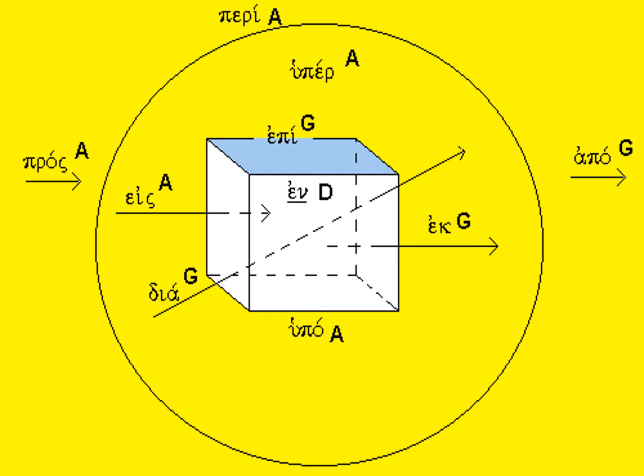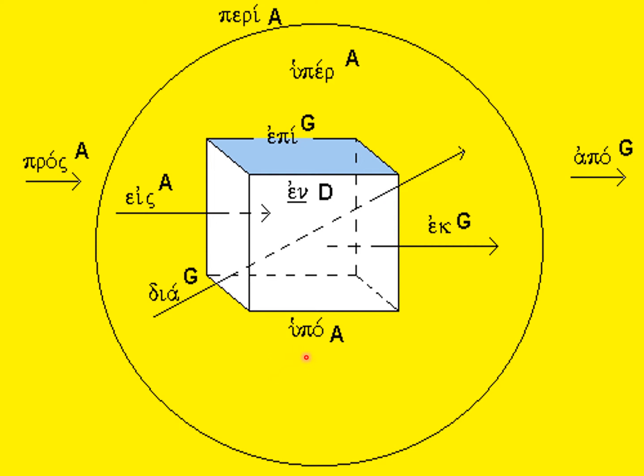But let me take some examples. So you can see here, pros, followed by accusative. As you can see, the arrow is pointing towards. You take eis, followed by accusative, into. Dia, followed by genitive, is through.